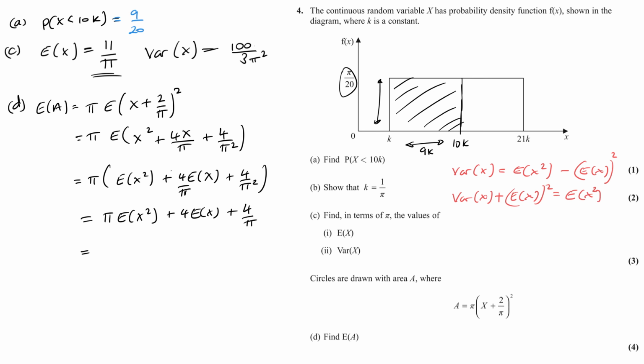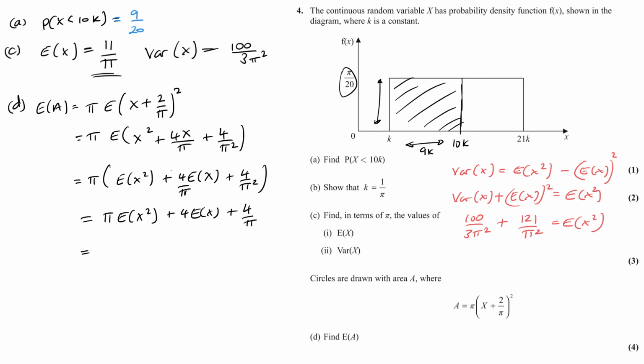Yeah, just taking that to the other side. So we've got these two. So we've got variance is 100 over 3 pi squared plus 11 over pi squared, so 121 over pi squared. That is what my E of x squared is.